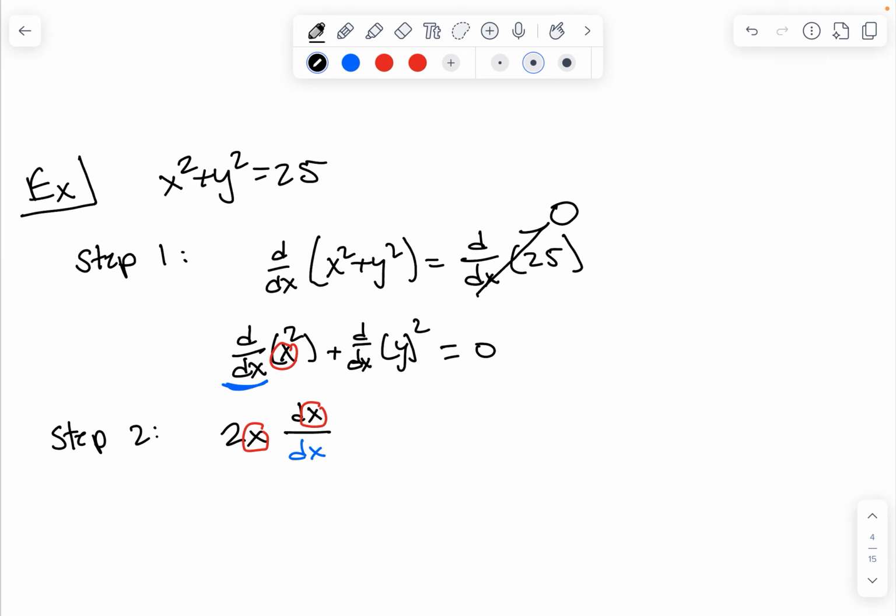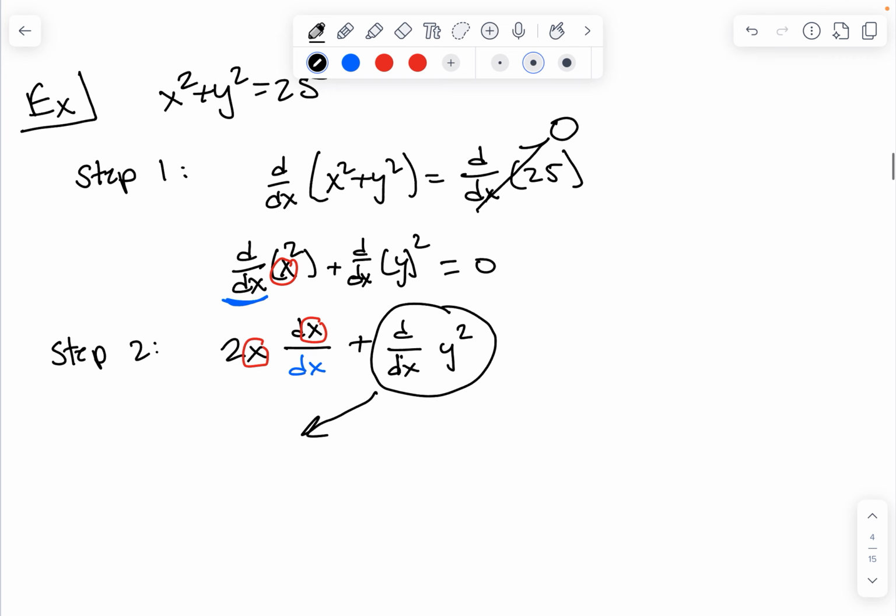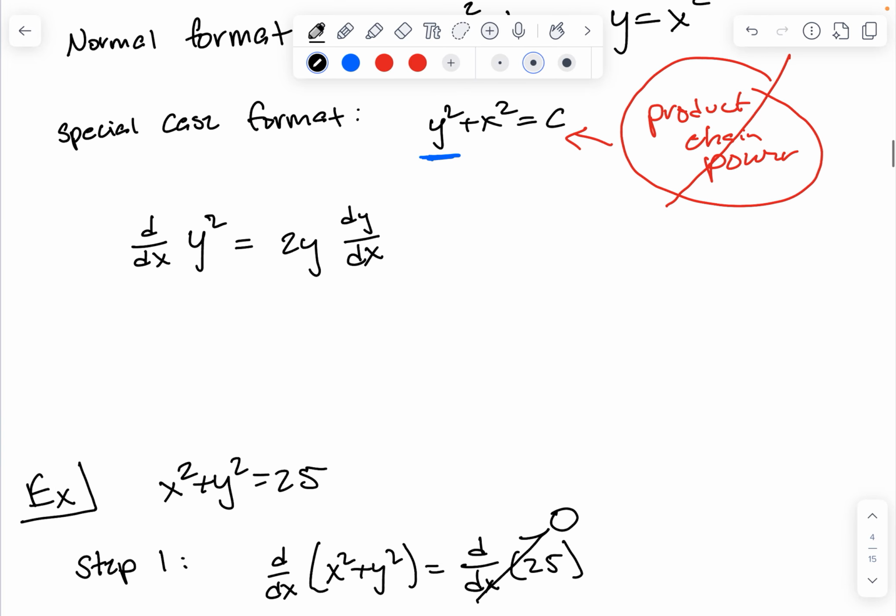Why that is important is because whenever you take the implicit differentiation of another variable, say y squared, I'm going to take this and move it to a different line. So d dx of y squared, and actually we already solved that up here.